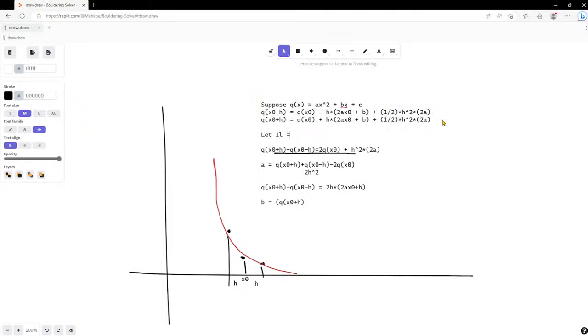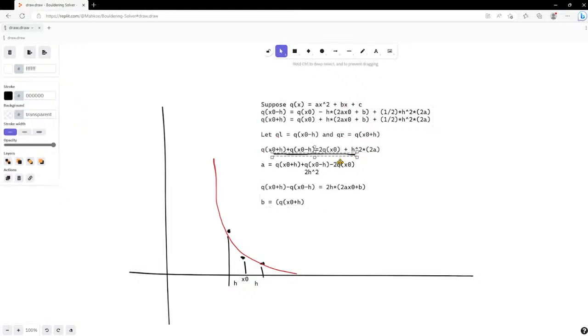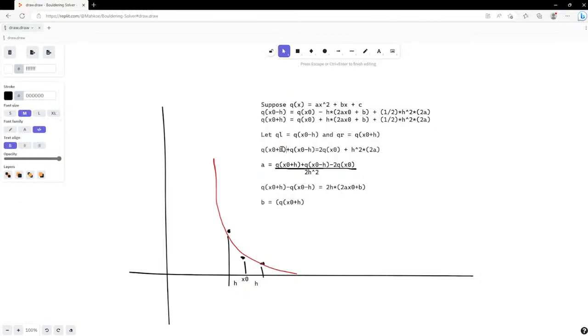let QL equal q of x naught minus h, and QR equals q of x naught plus h. So this is going to become QL plus QR, and I'm just going to call it Q naught. I think you get the idea.